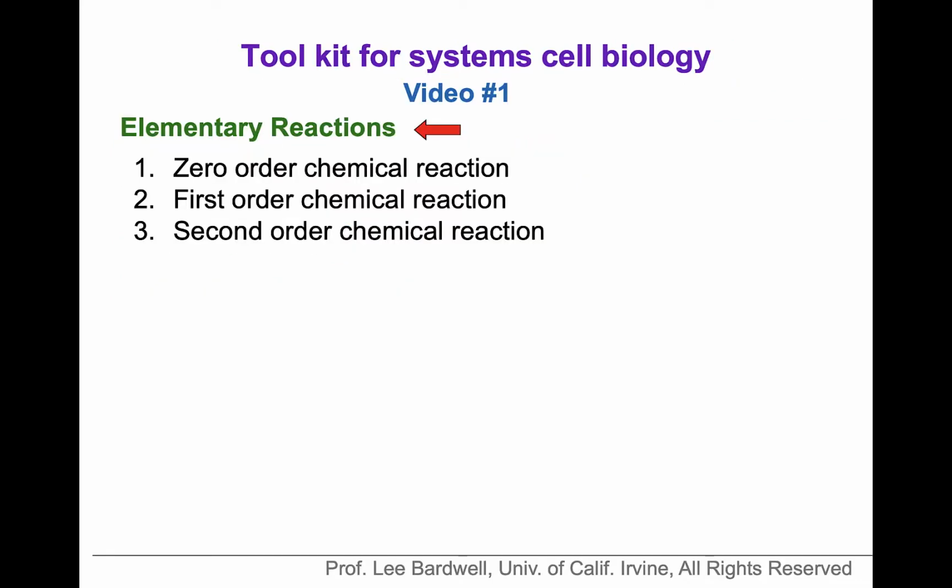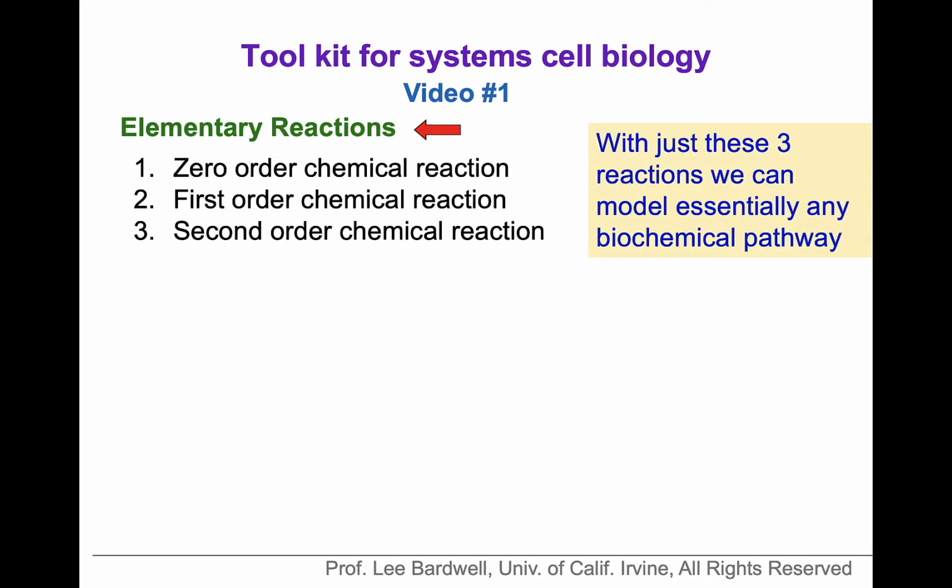This is video number 1 in the toolkit for system cell biology, and in this video I'm going to start to tell you about the 3 elementary reactions that we can use to model virtually any biochemical pathway with just these 3 reactions. These 3 reactions are, as you can see, the 0, first, and second order chemical reactions.